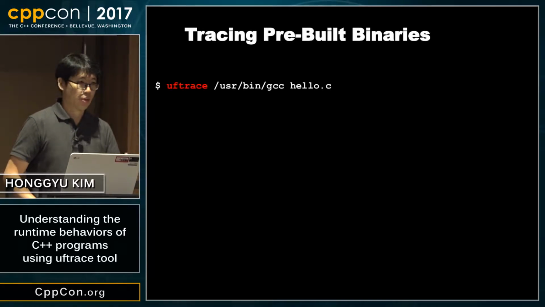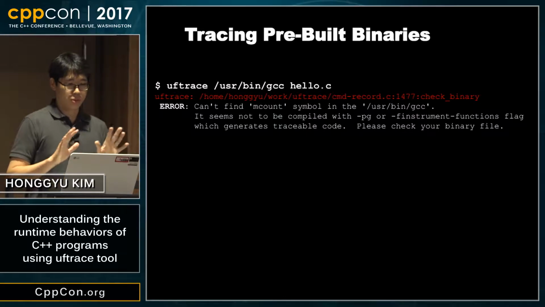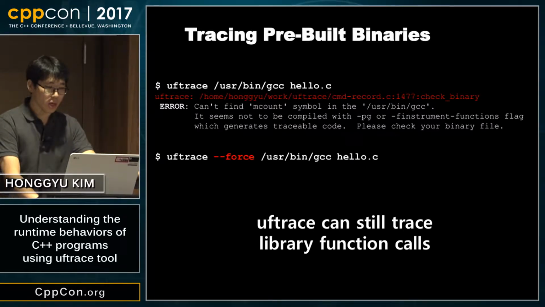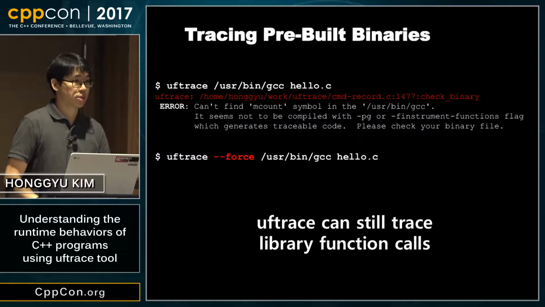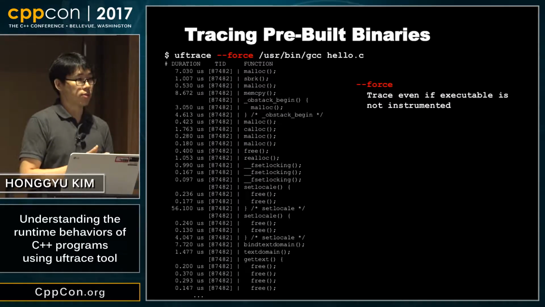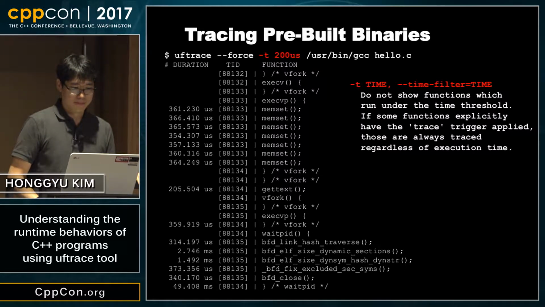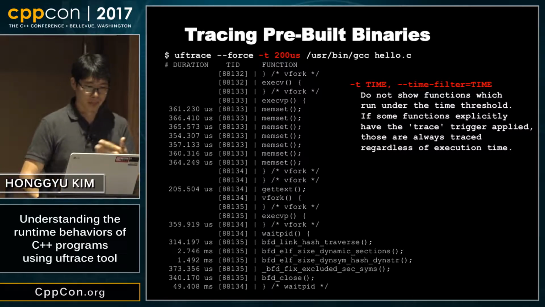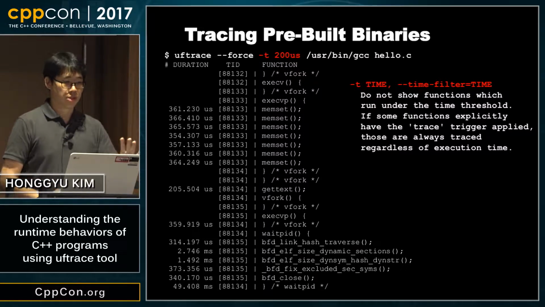If we run it, it just shows this kind of error, because this is not compiled with -pg or -finstrument-functions. If you put --force, you can trace the library in this way, but it shows only the first level library calls, just like ltrace. And if you put -t 200 microseconds, you can see just a big picture of the execution.